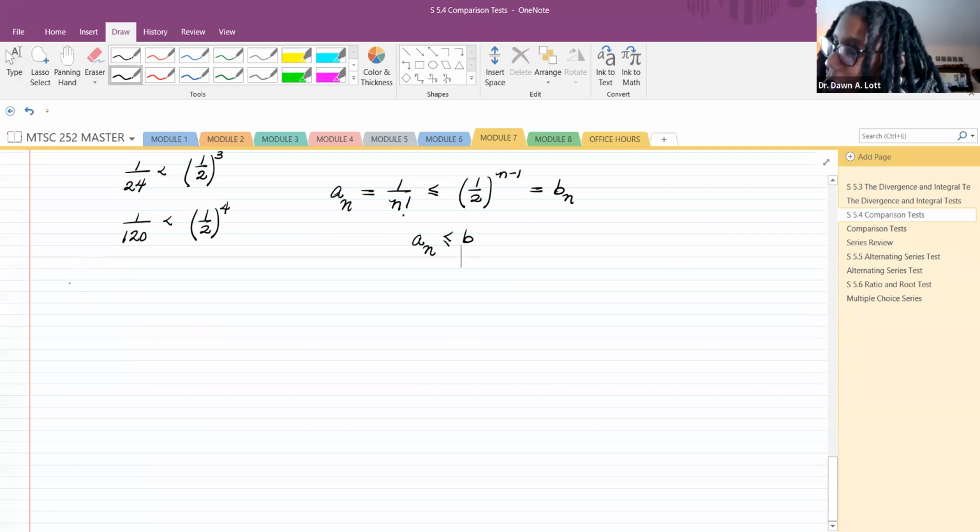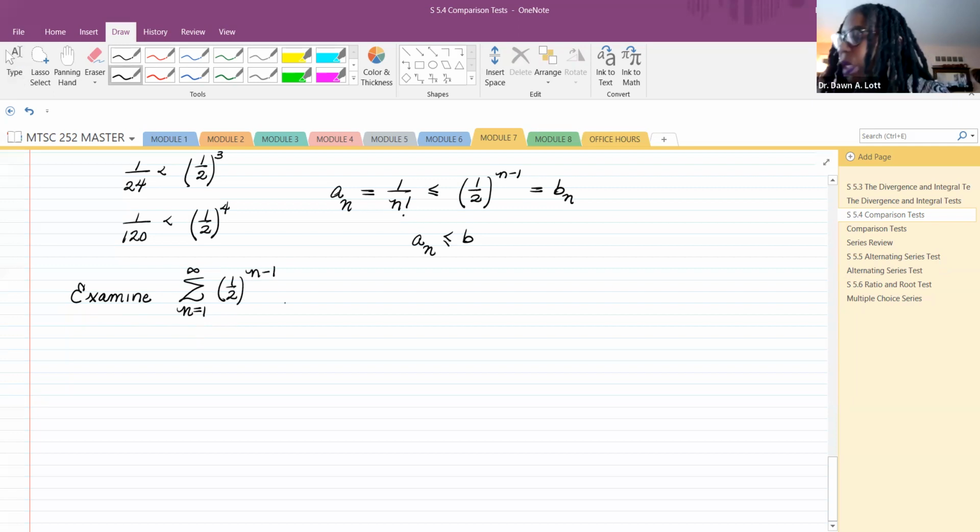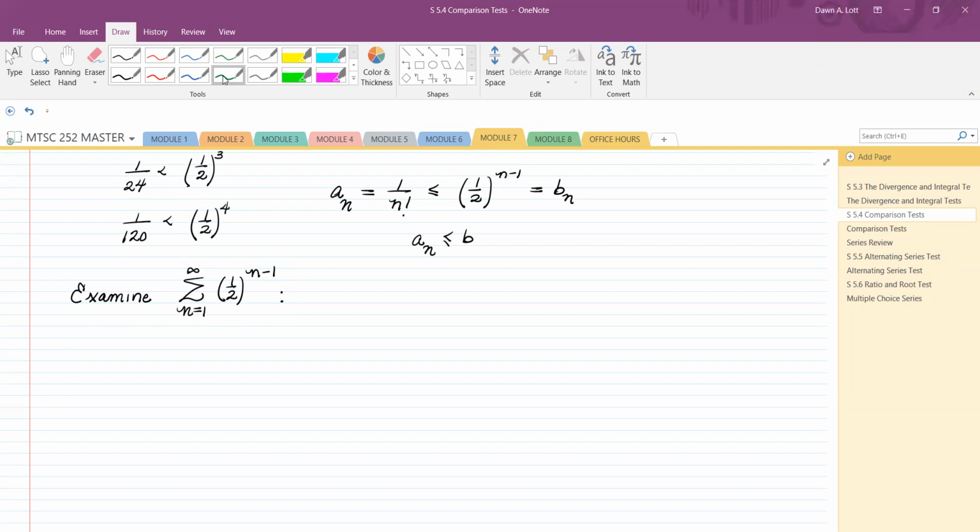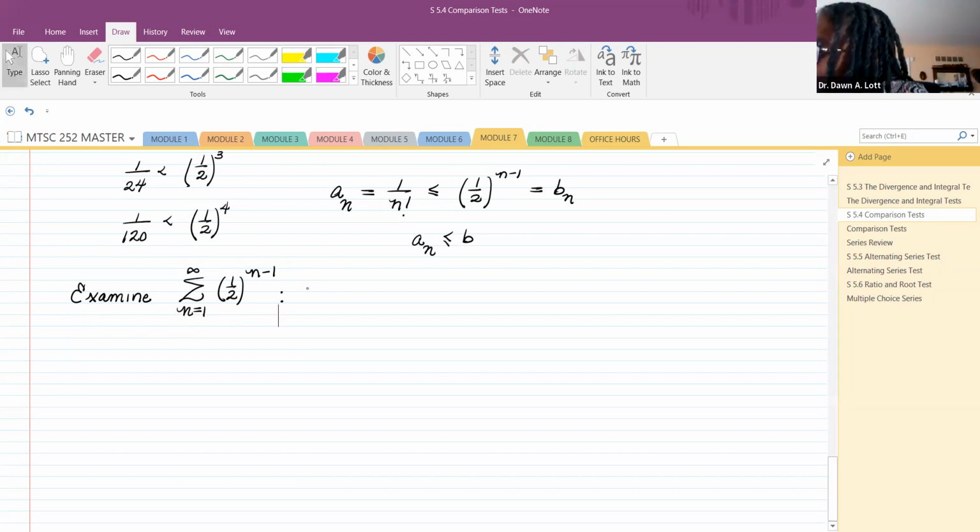All right, so let's examine the sum n equals 1 to infinity of 1/2 to the n minus 1. So what kind of series is this? We've done this one. Is this the Geo series? Oh, it's got a nickname now. All righty.